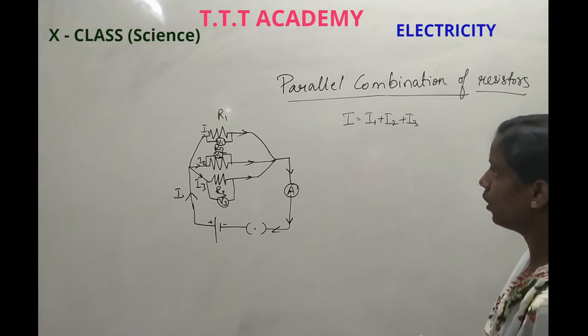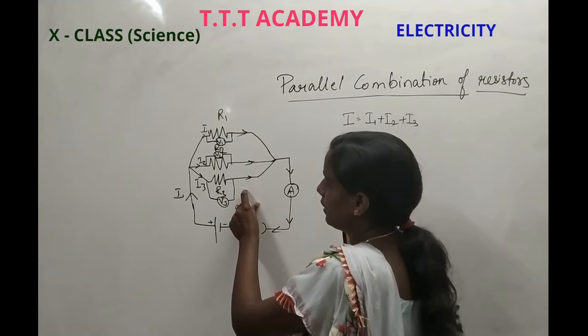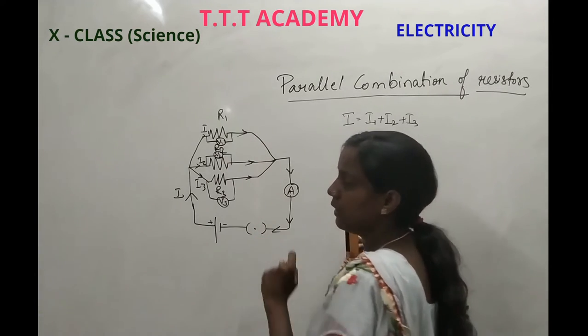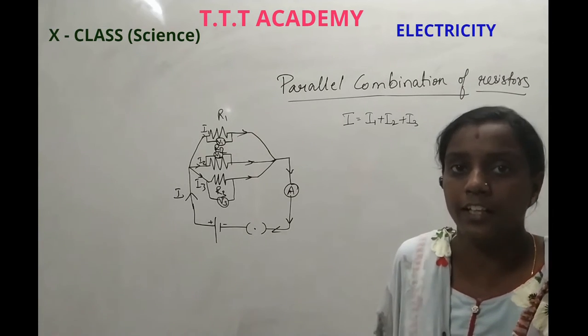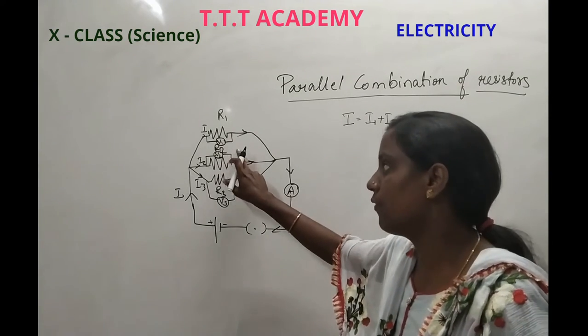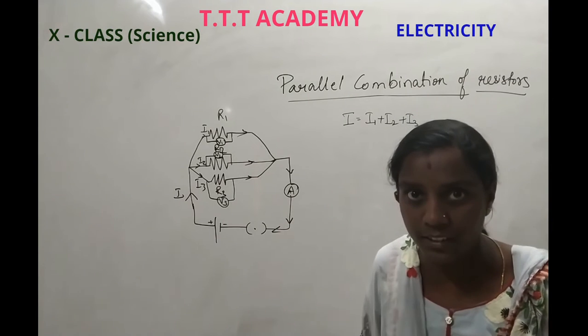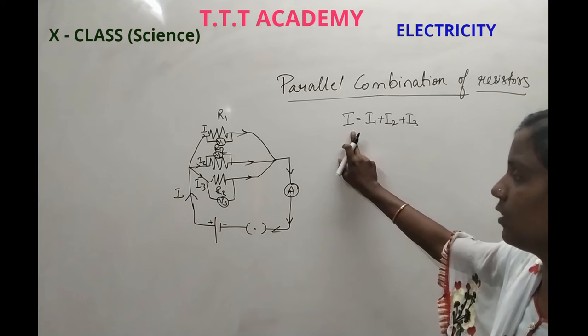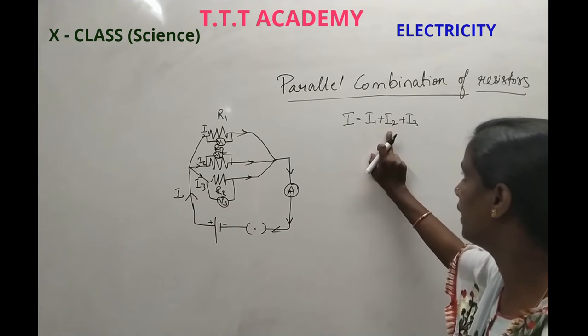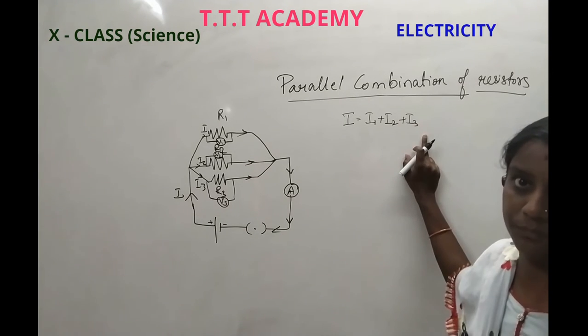Because when the resistors are connected in parallel, different electric currents will pass through the R1, R2 and R3 resistors. So you have to write this first condition: I is equal to I1 plus I2 plus I3.